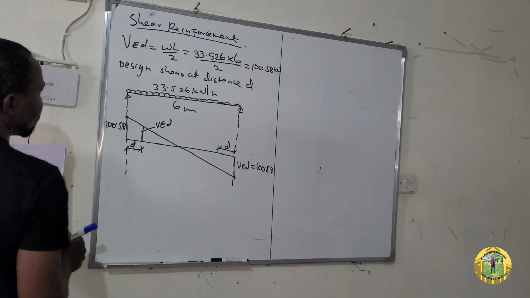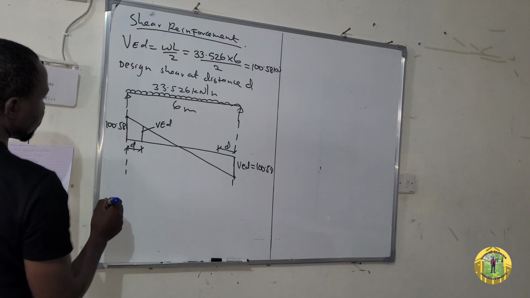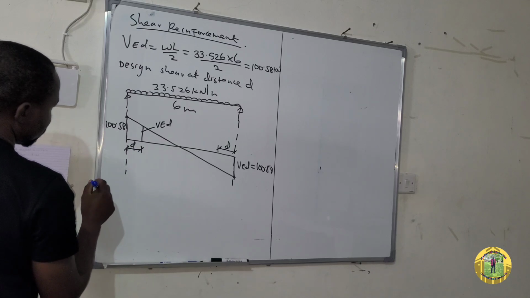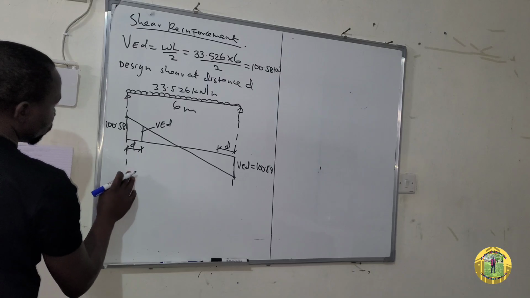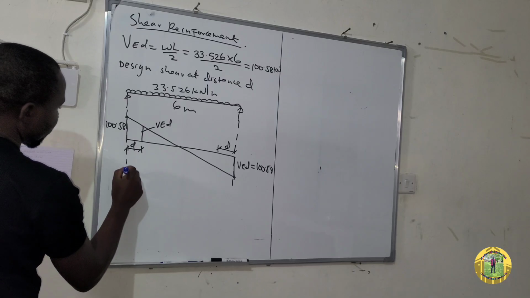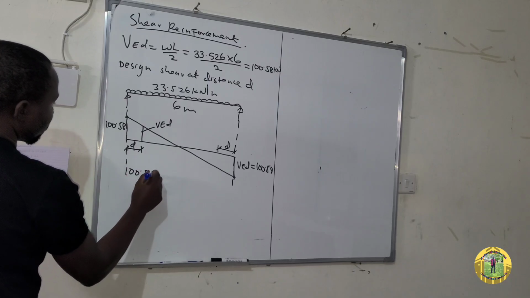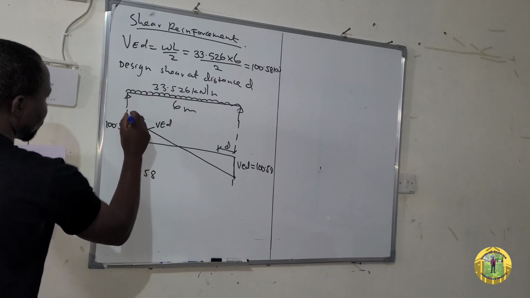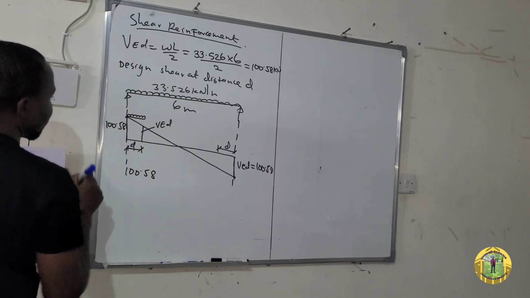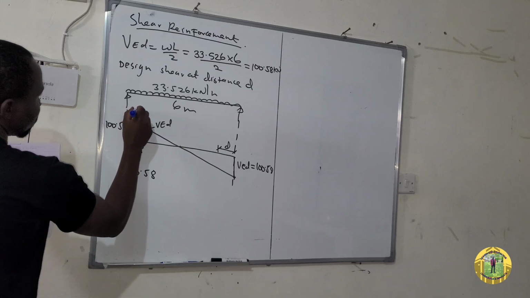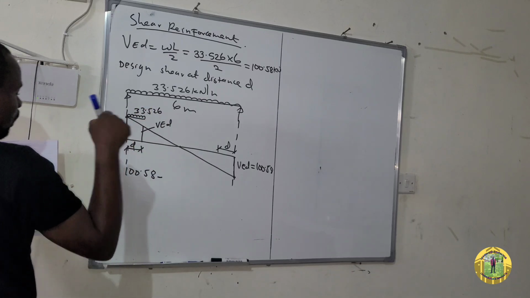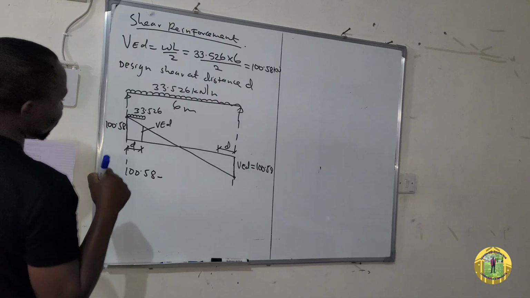VED at distance D. So we will take, this is the reaction, or VED, which is in the upward direction. So this is 100.58, then minus the loading. So we can bring here the loading, here it is, which is 33.526. Because it is in the downward direction, it's a minus.